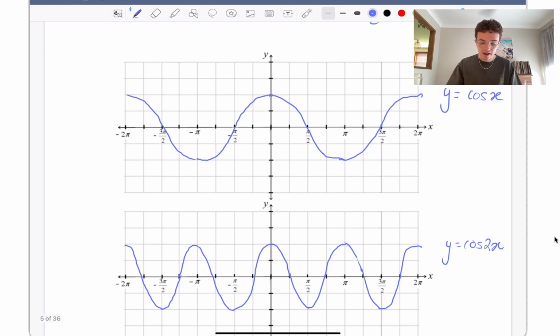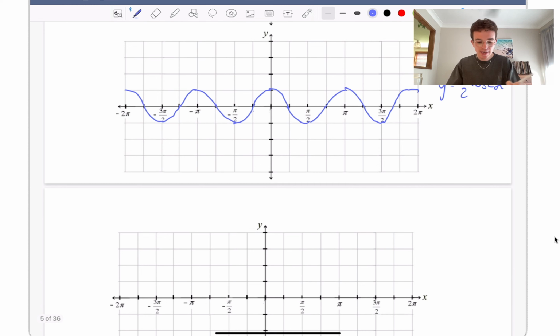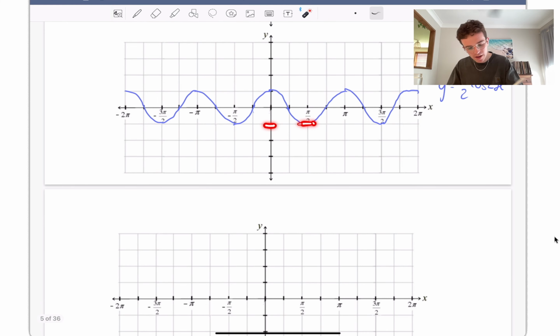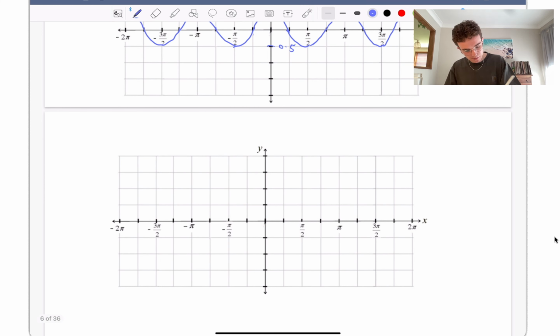And then we're going to add half of that. So this is y is equal to a half cos of 2x. And let's add half to that. Again, it's going to move this lowest point of a half. This is minus 0.5 here, and this is 0.5 here. It's going to move it all up by a half, sorry. So it's going to look like this.